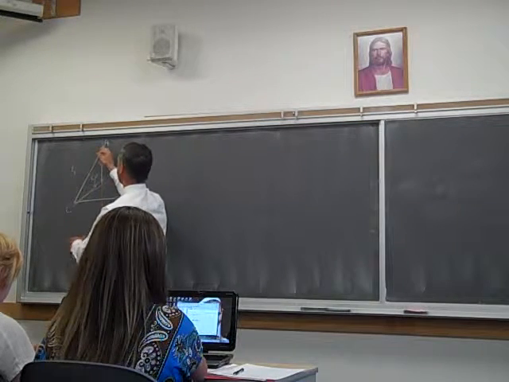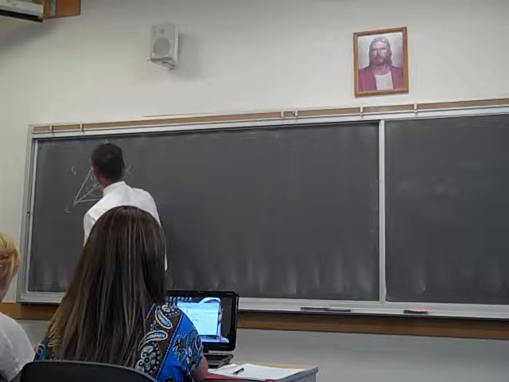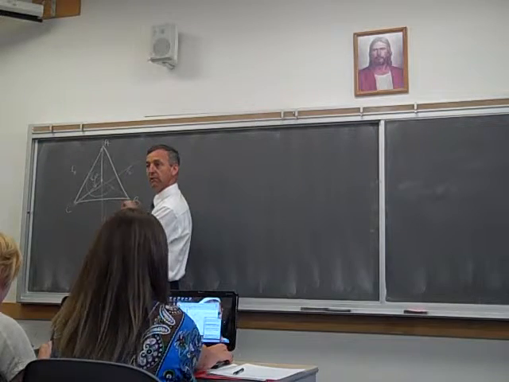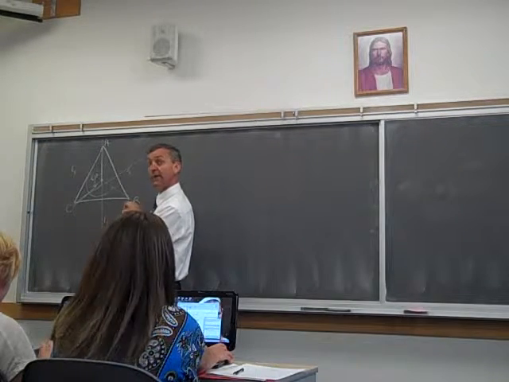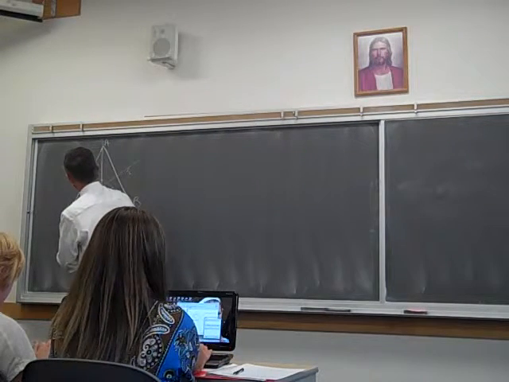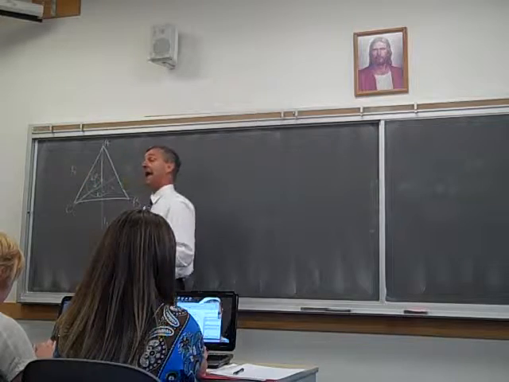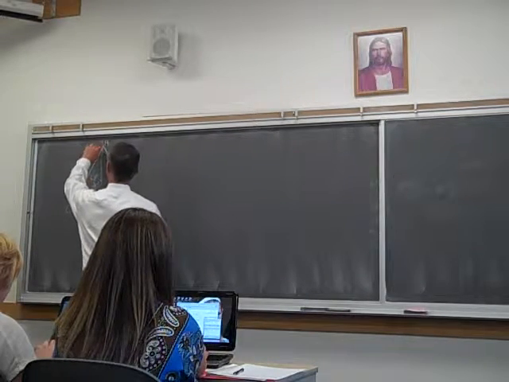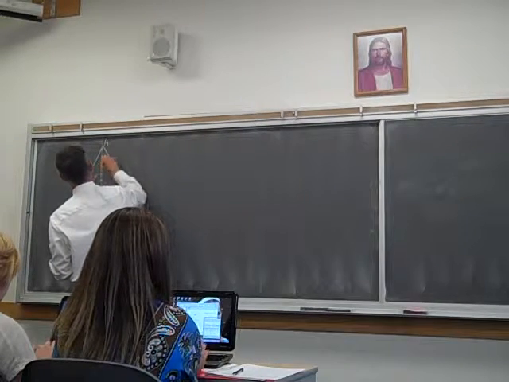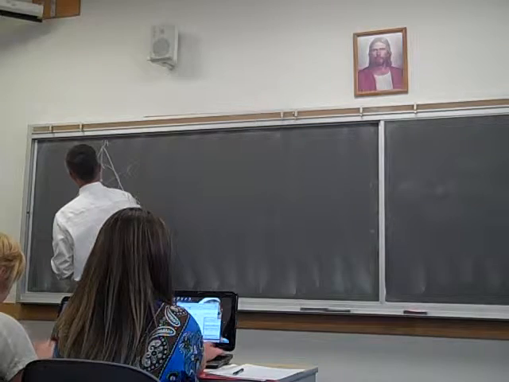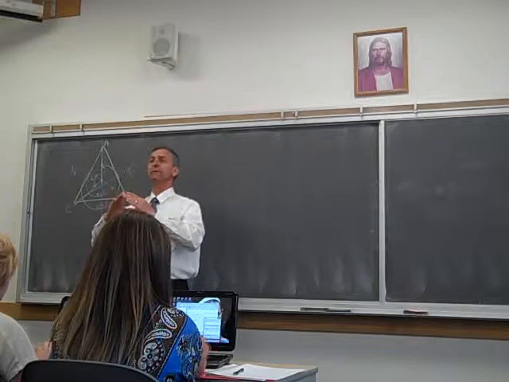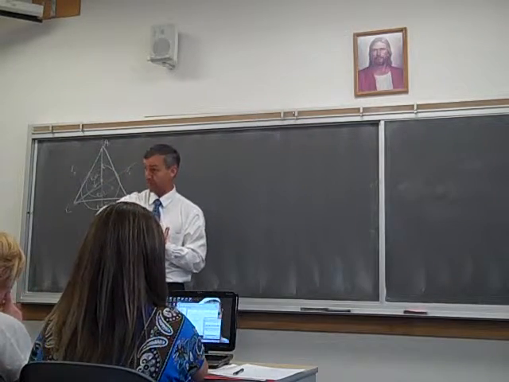But I could also take A and rotate it clear around to here, and A would now end up where B is. If I rotated it how far? 240. So we're going to call this one rotation 240. And then I can even rotate it all the way around, and we call that rotation 360. And all three of those rotations will cause the triangle to be right back on top of itself, right?